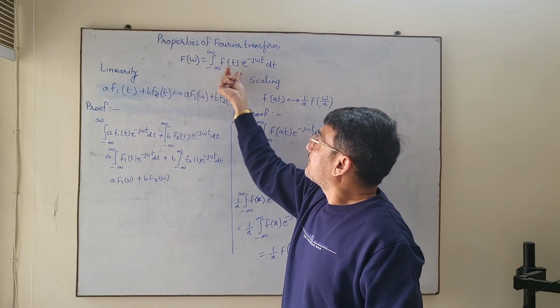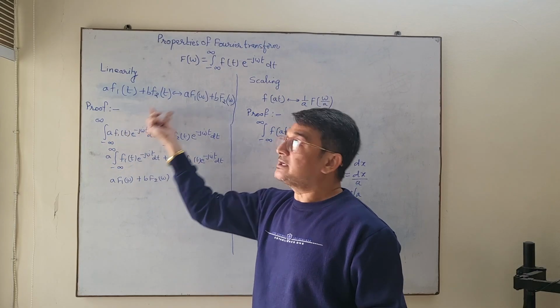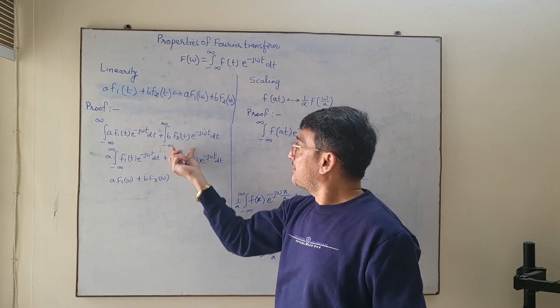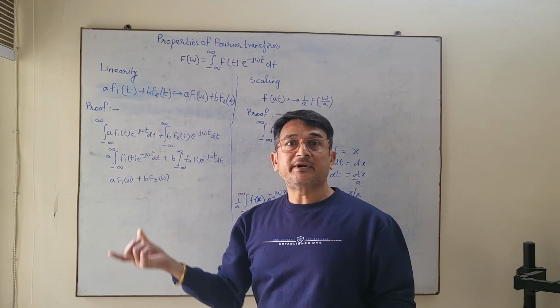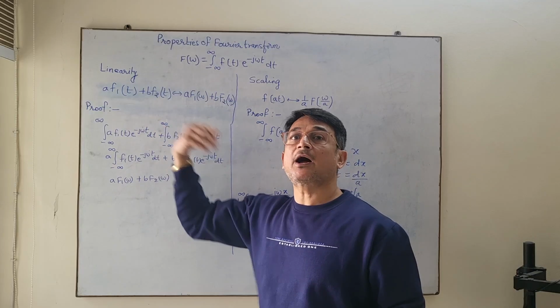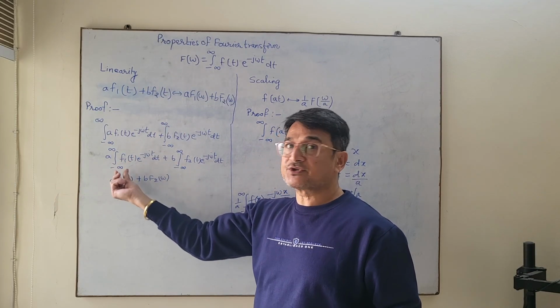So instead of f(t), we can keep a f1(t), and in the second part we can keep b f2(t). Now you know that a and b are arbitrary constants, so we can keep them outside the integration.